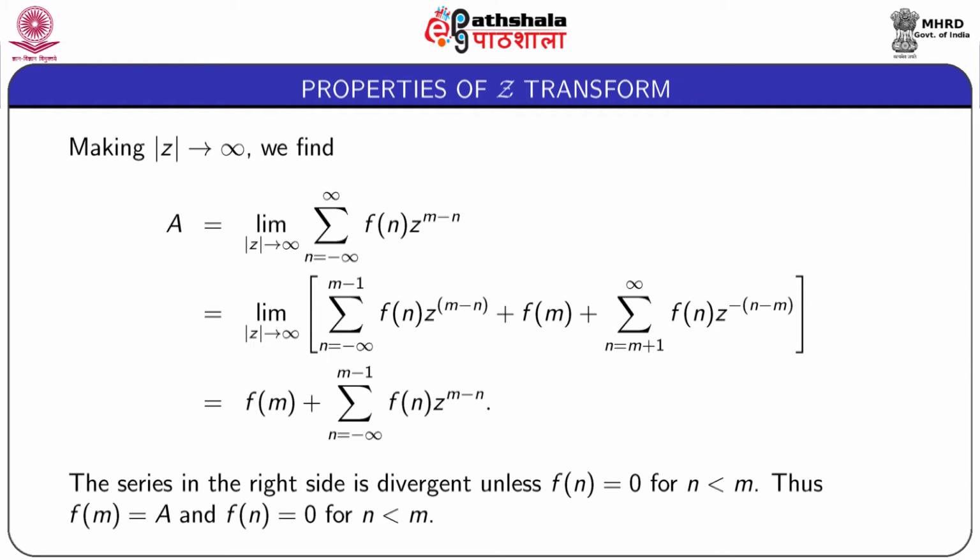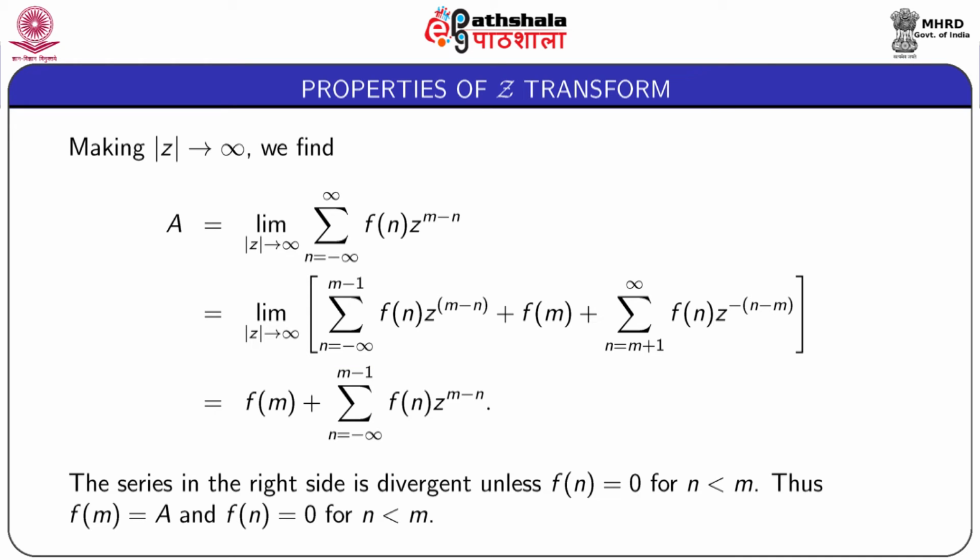Now, we break the summation into 3 parts, so that A is equal to limit mod z tends to infinity summation n equal to minus infinity to m minus 1 f(n) z to the power m minus n. Here n is less than m, plus f(m) plus summation n equal to m plus 1 to infinity f(n) z to the power minus n minus m. In the last summation, n is greater than m.